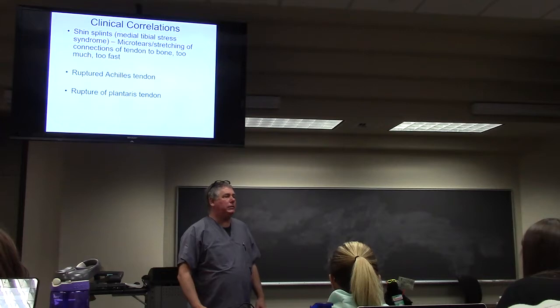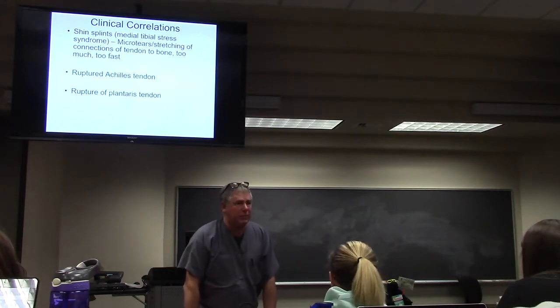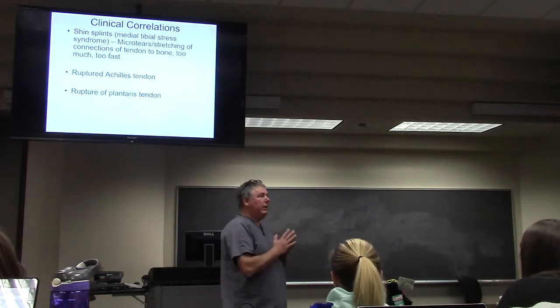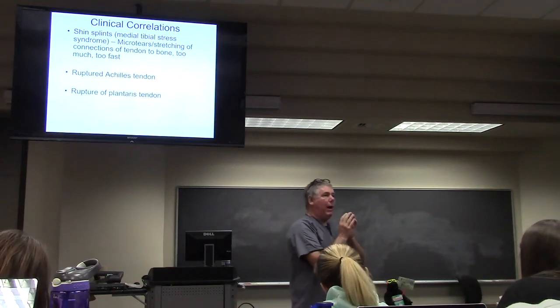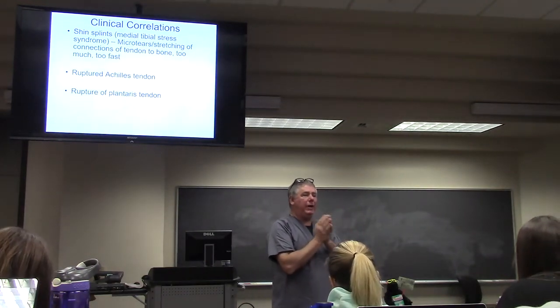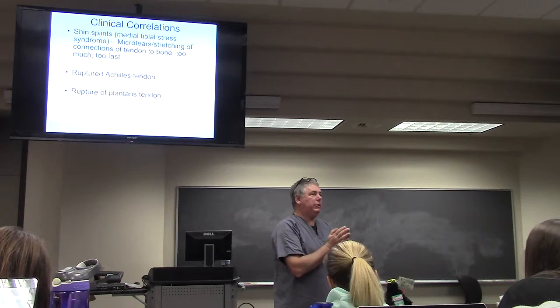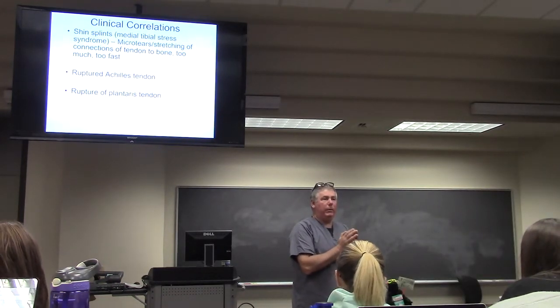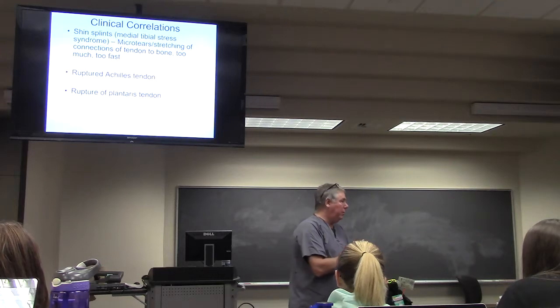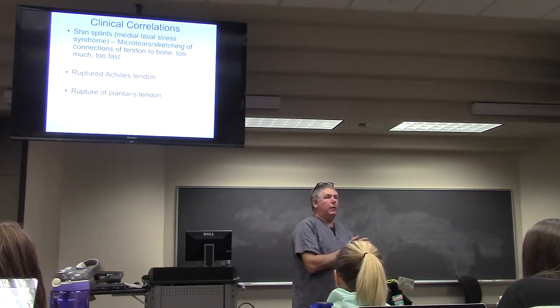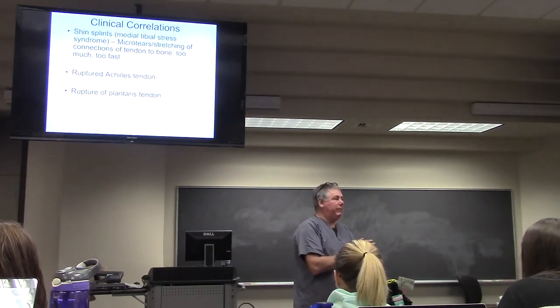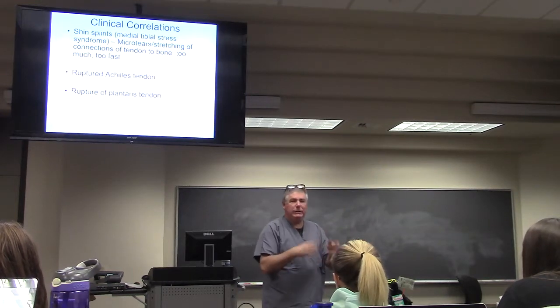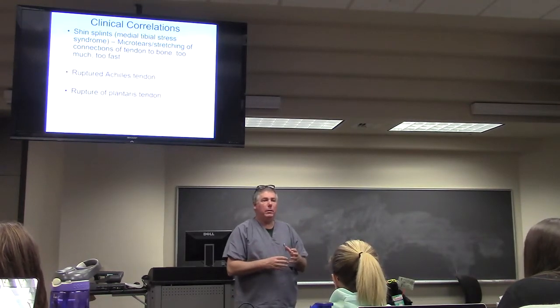Some clinical correlations here. Shin splints. What are shin splints? Shin splints are little microvascular, micro tears of the origin of tibialis anterior on the tibia bone, due to excessive exercising without warming up.